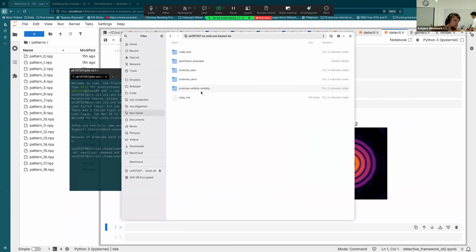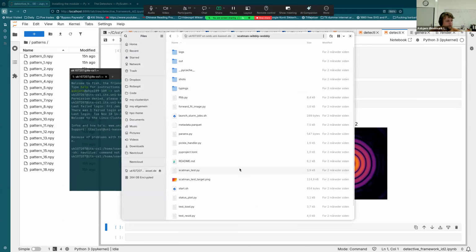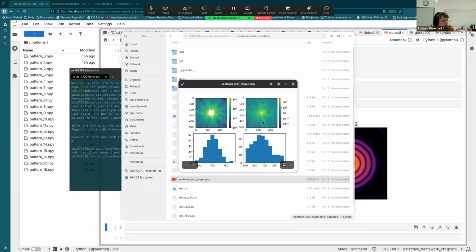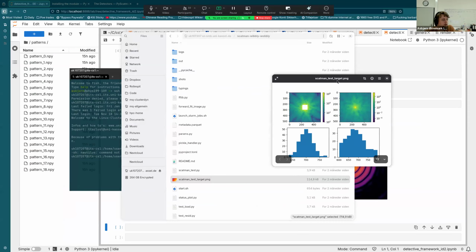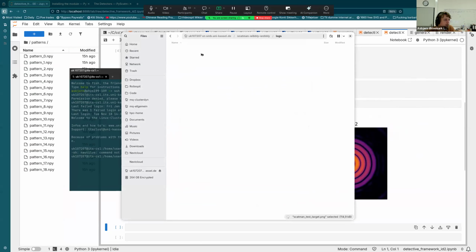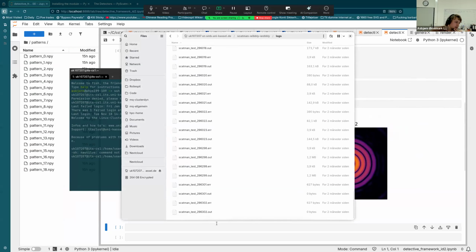These images we probably will not manage to do. This is just tests. Let me show you one of the logs from running this.